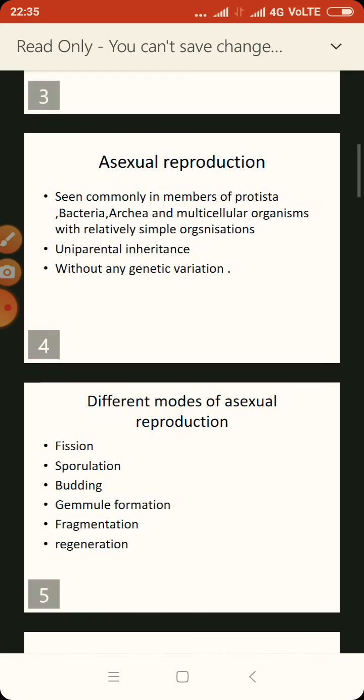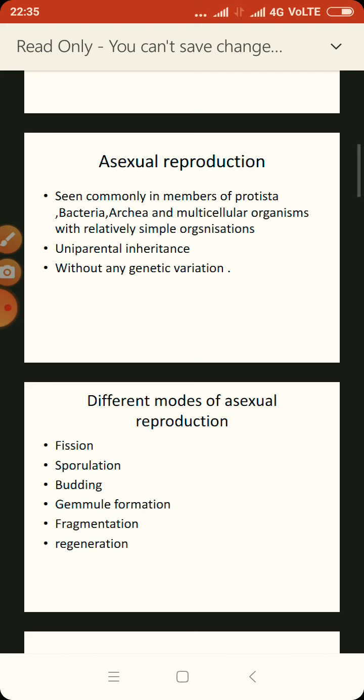Whenever it reproduces asexually, the young one produced will be very much similar to the parent, without any genetic variation. Of course, variation takes place, but it is very subtle. Very, very minute variations can be seen.